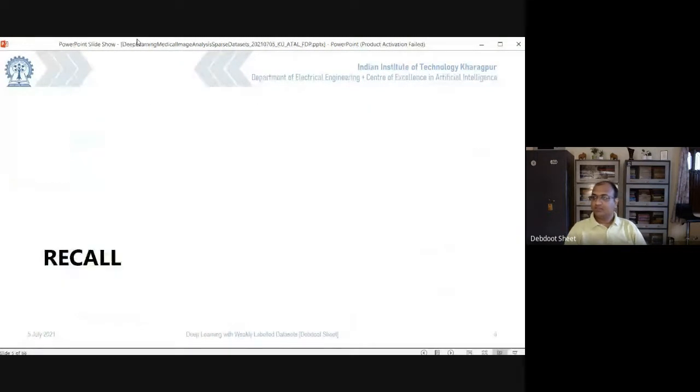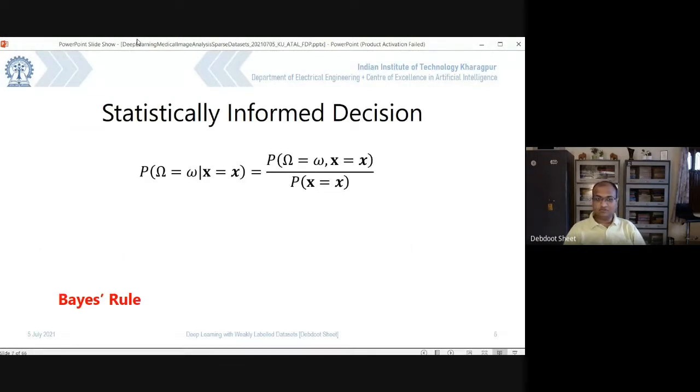Okay. So now let me start with the very basic thing about machine learning and a recall of facts. Majority of machine learning is data driven, where you have some sort of data from where you are deriving your understanding about the problem and trying to come to an understanding of how to solve it.